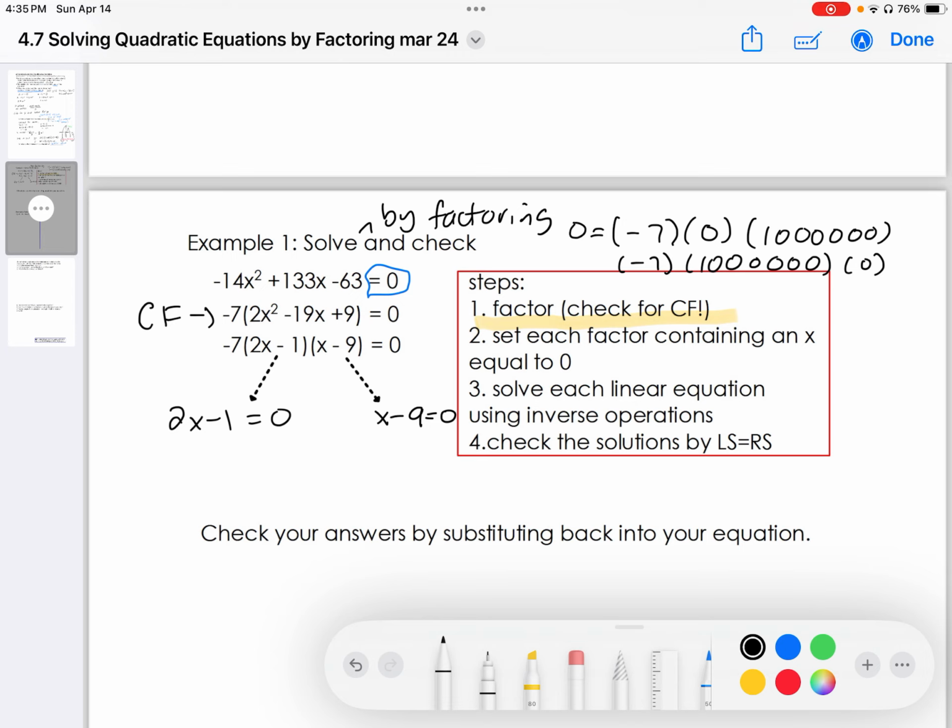Both of these are going to be equal to 0.